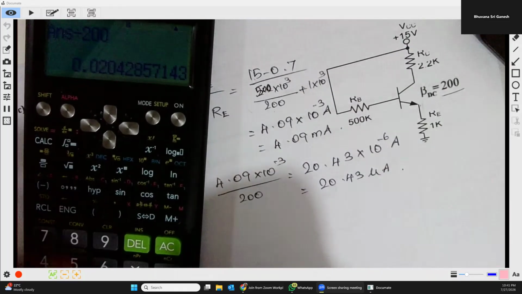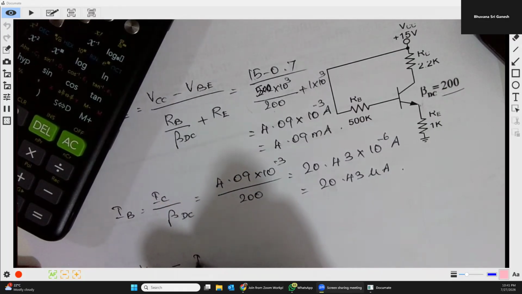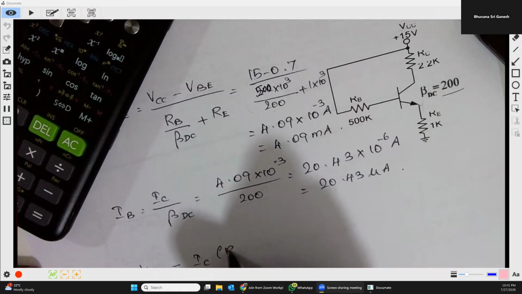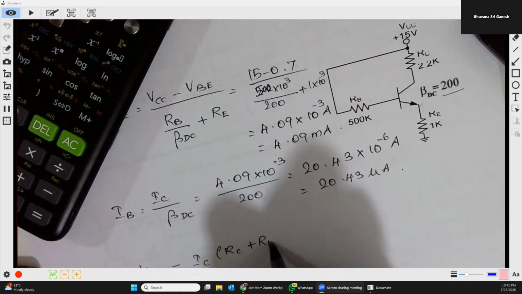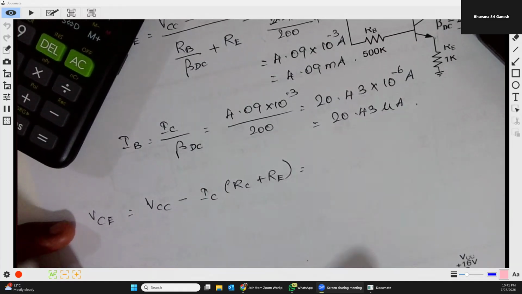Next is VCE. VCE equals VCC minus IC times RC plus RE. You can get it from the formula sheet, okay? VCC minus IC times RC plus RE.